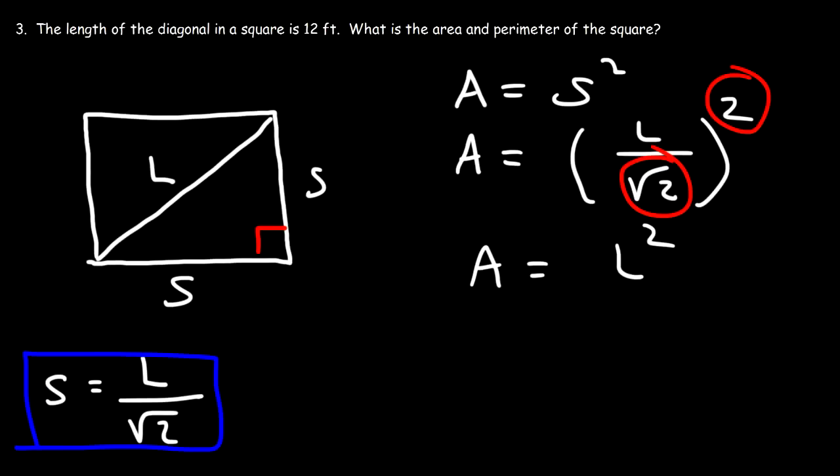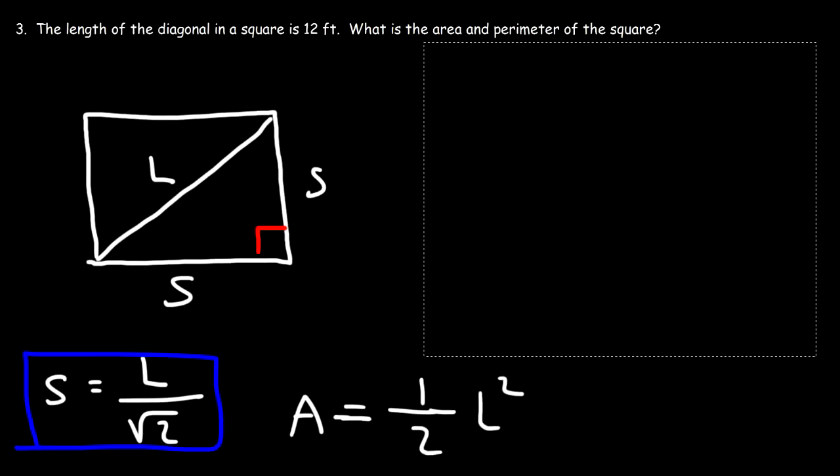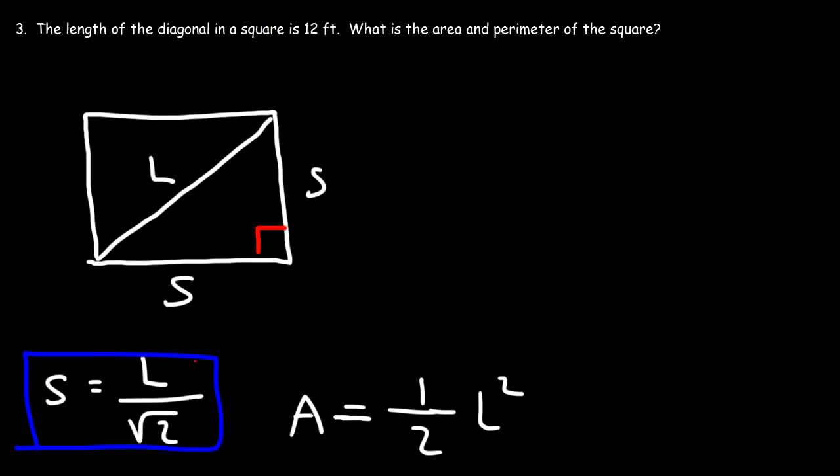The square and the square root will cancel. And so you're just going to get a 2 on the bottom. Therefore, the area of a square, given the length of the diagonal, is 1/2 L squared. And so let's use that formula to get the area of this square.